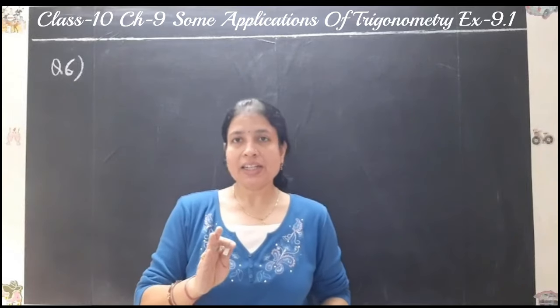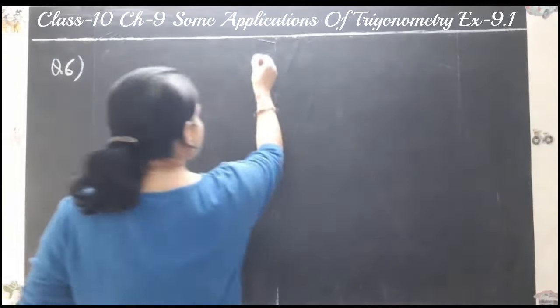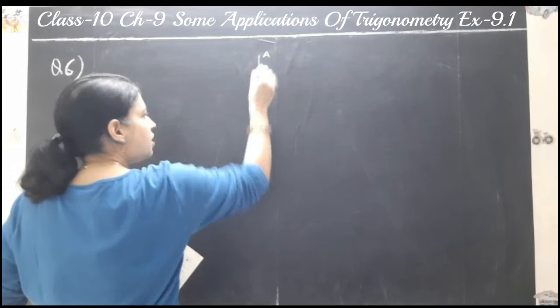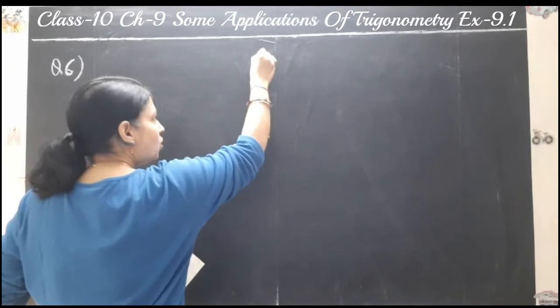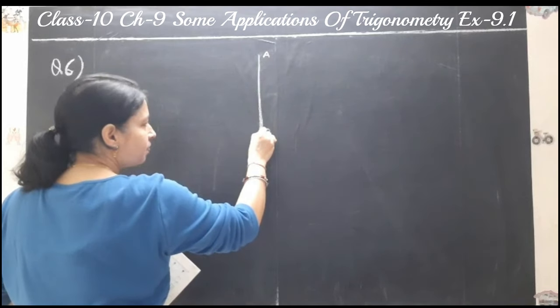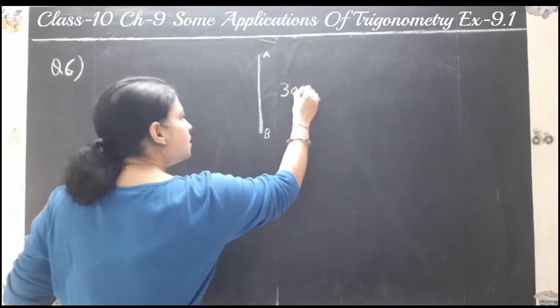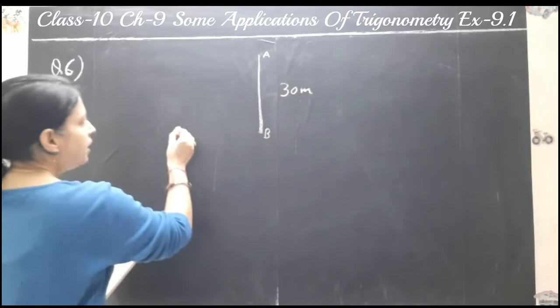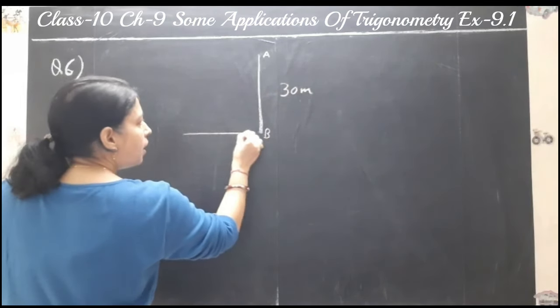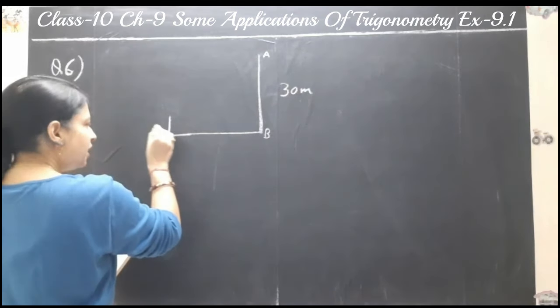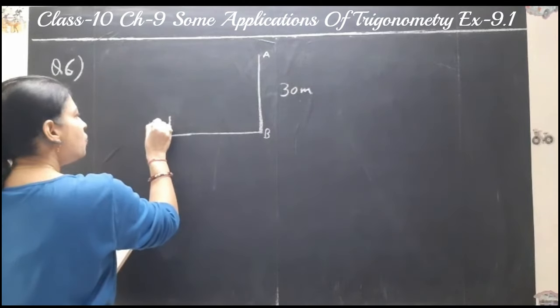So let's first draw a diagram. Suppose this one is a building. AB is a tall building, and it is given as 30 meter. The height of this building is 30 meter. And on the ground, a boy is standing here. The height of the boy is 1.5 meter.